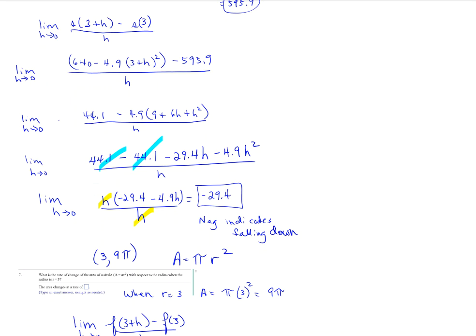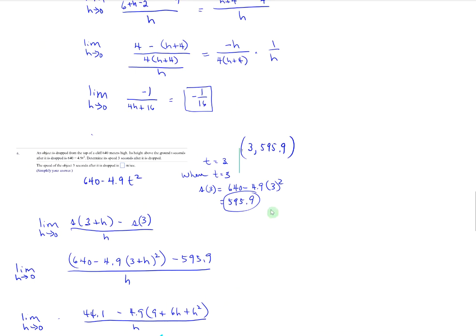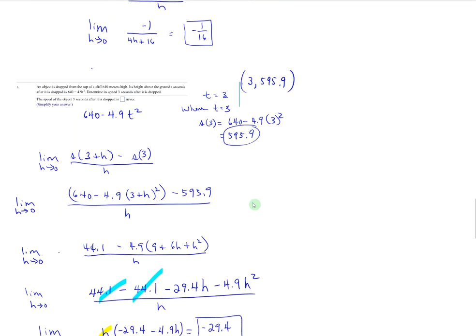And when we put 0 here, then we have negative 29.4 is the instantaneous speed, and the negative is going to indicate that we're falling down. So what we did was really not much different, but we did have to get our y value here. We plugged in the 3, and then we took the derivative, doing like we've been doing.